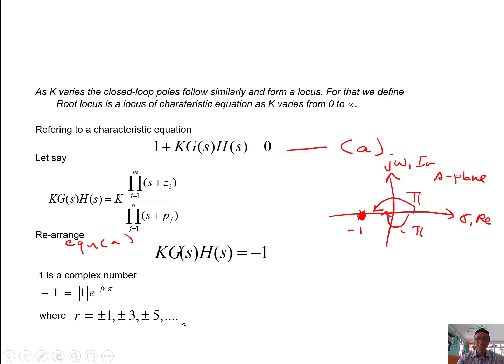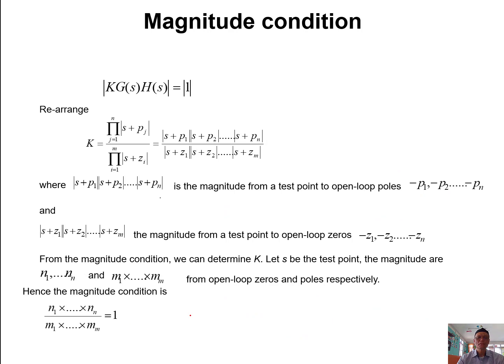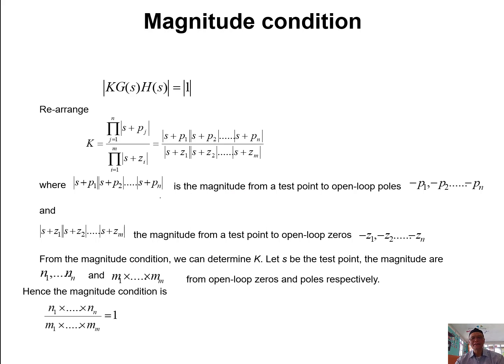Why 3 and 5? Because for every circle, it will repeat every 2 pi. So that's why you have 1, 3, 5, 7 and so on. So from here is actually the basis for defining the root locus. It can be defined into 2 conditions.